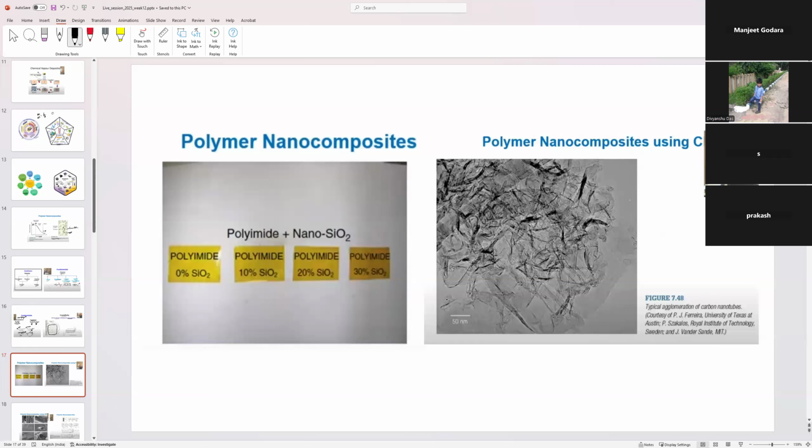So you can have polymer nanocomposites. Here is polyamide tape with silicon oxide nanoparticles embedded inside it. You have carbon nanotubes inside your polymer. These are agglomerates of carbon nanotubes.